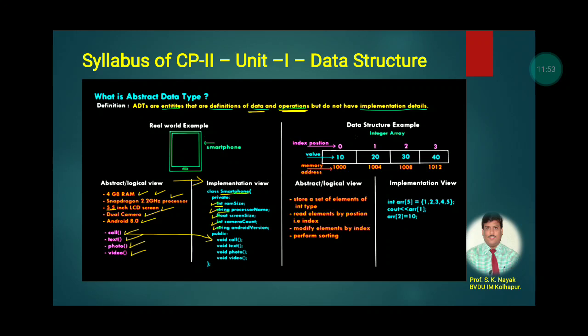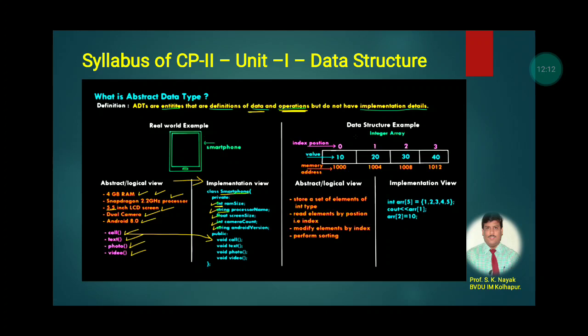It's data and operations, but without implementation details. Abstract data type always has data and operations, not having implementation details.